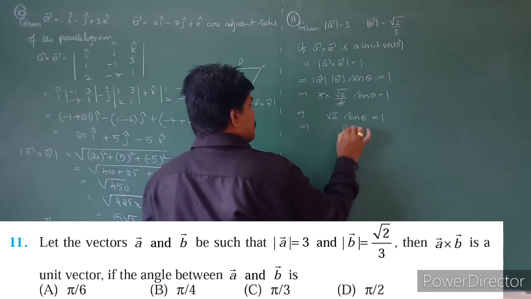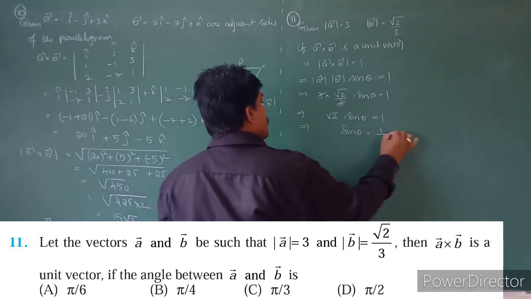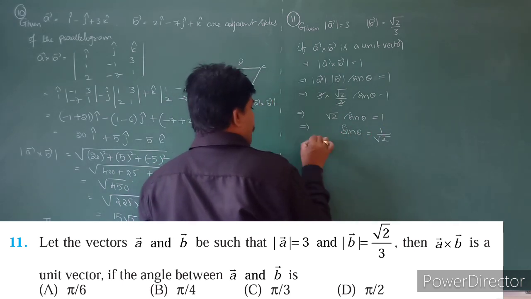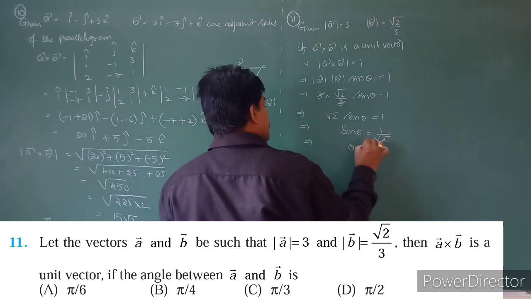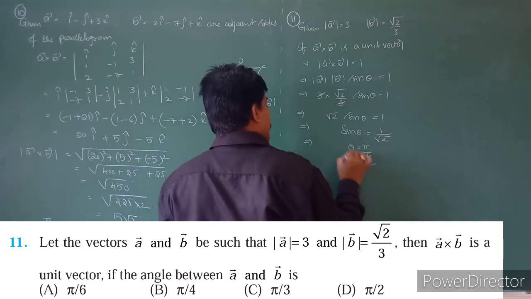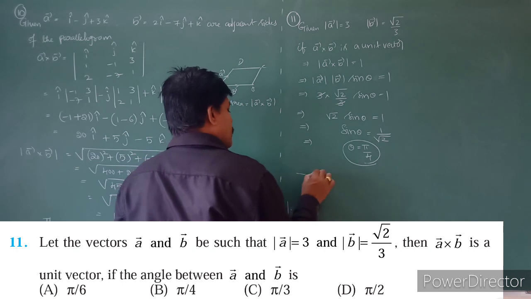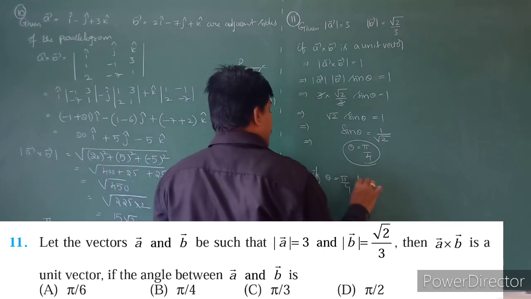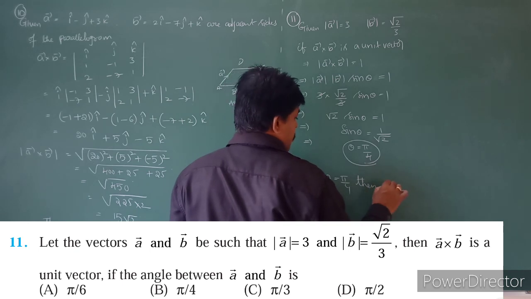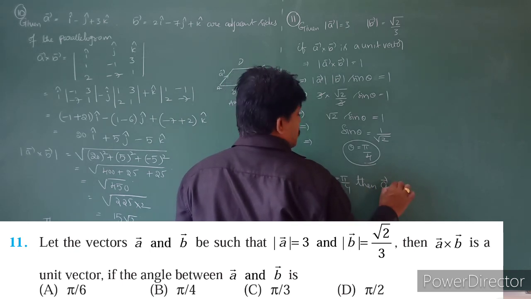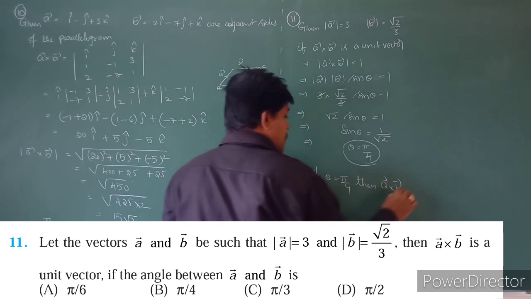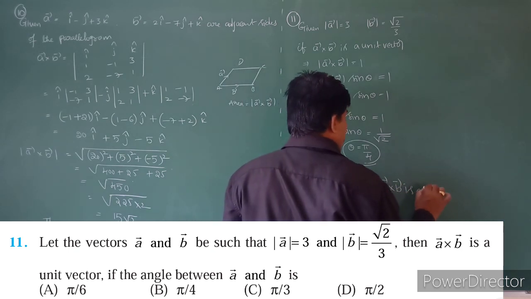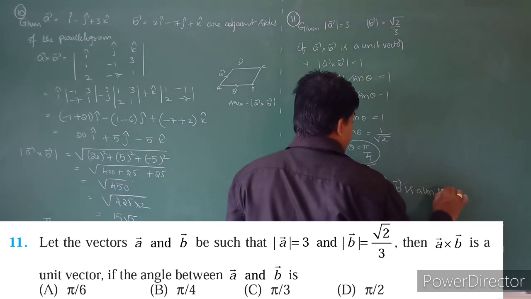That implies sin theta is equal to 1 by root 2. That implies theta is equal to pi by 4. Therefore, if theta is equal to pi by 4, then a bar cross b bar is a unit vector.